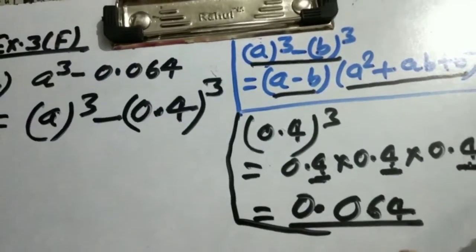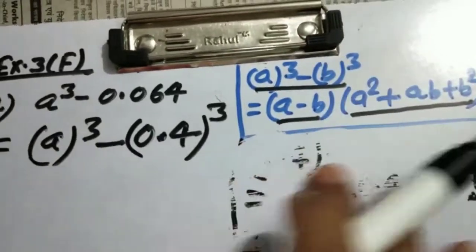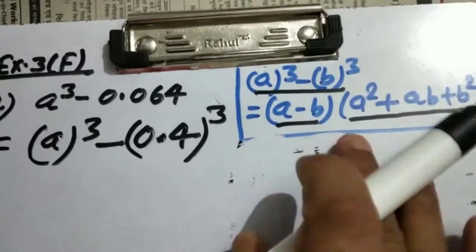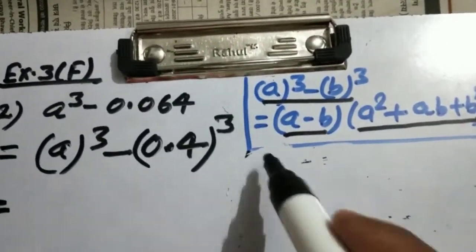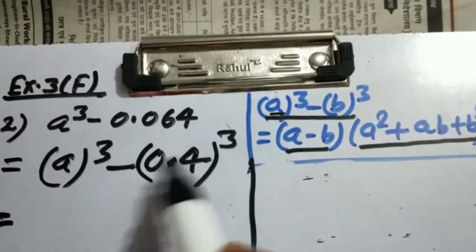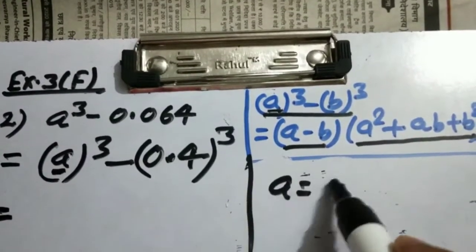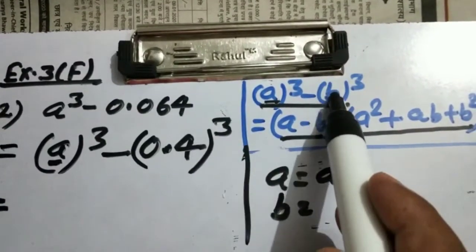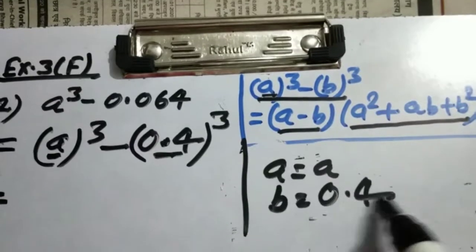Okay, now let us factorize it. Here at the place of a there is a, so a is equal to a, but b is equal to 0.4.